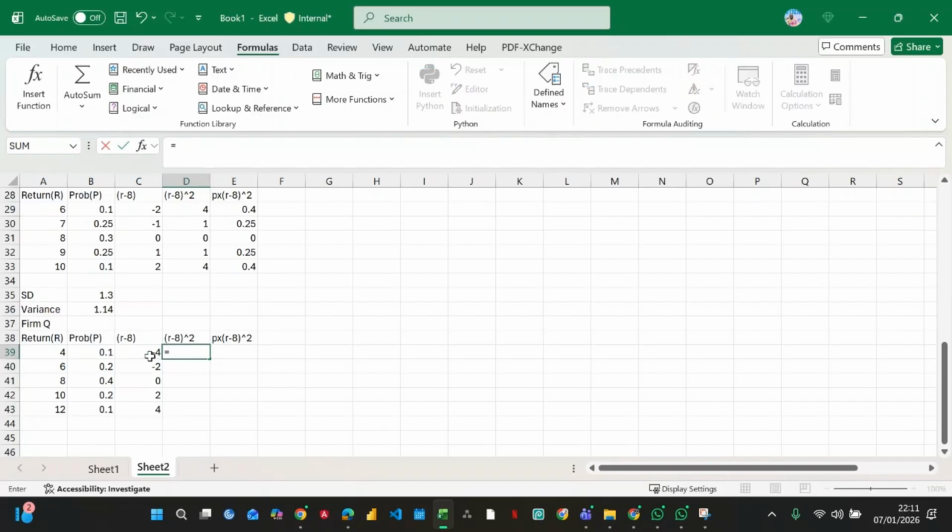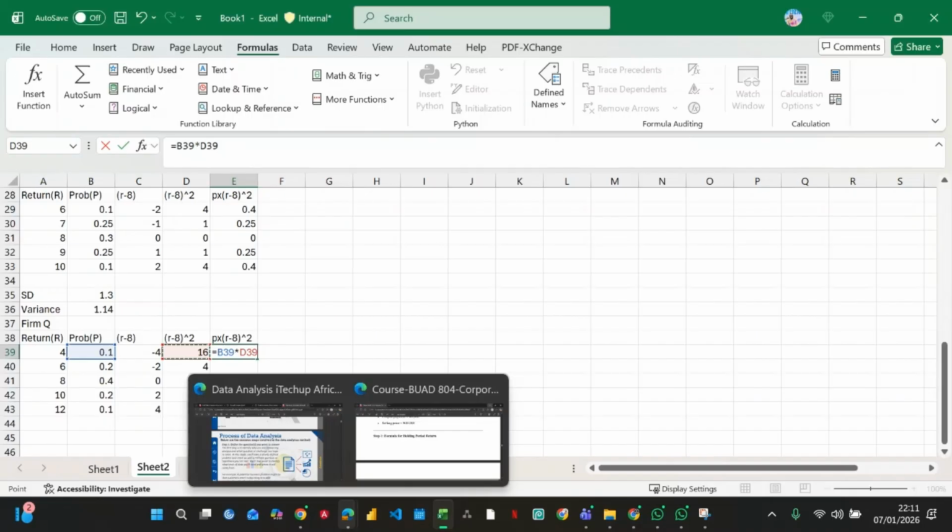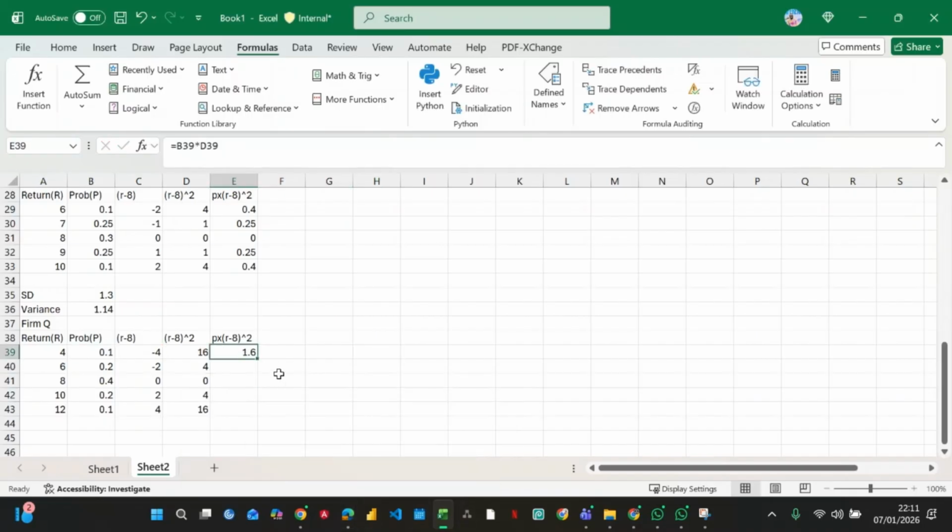Then this is going to be this times 16. This gives me 16, right? Then I have this, right? Then I will now say equals the probability, which is this, multiplied by this.